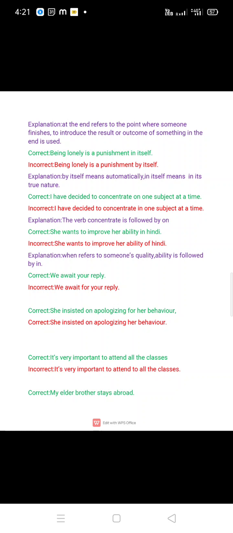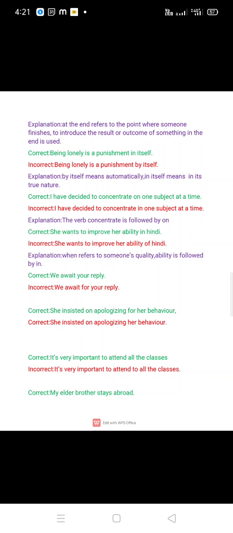Next one is, at first look at the incorrect sentence. I have decided to concentrate in one subject at a time. We all know these because concentrate on, not concentrate in. We all know this.